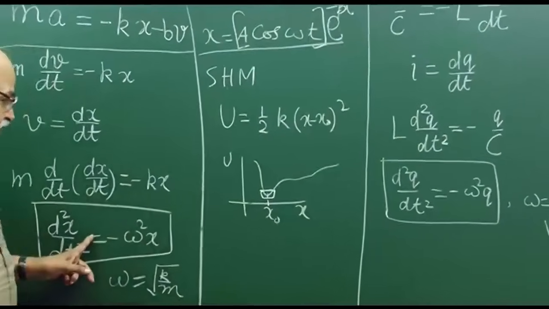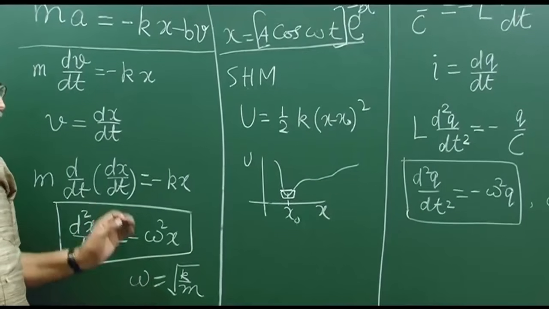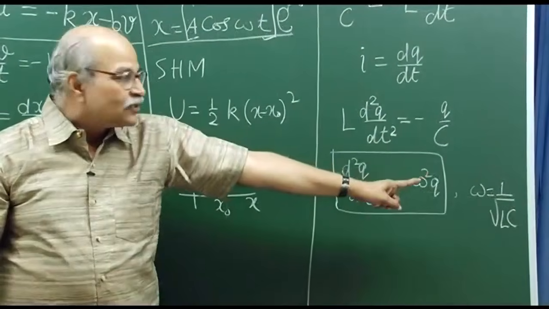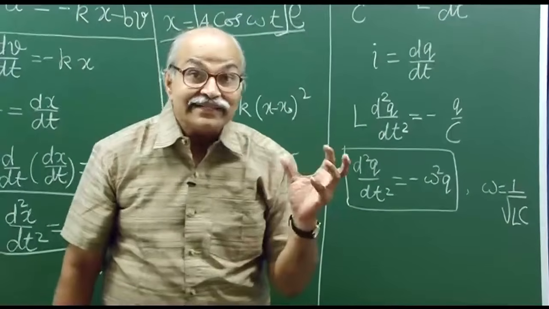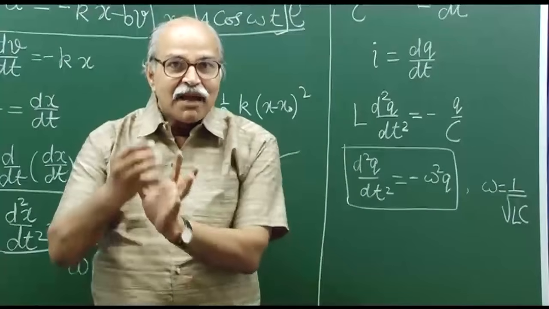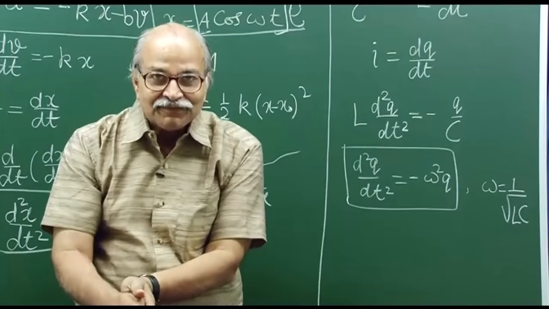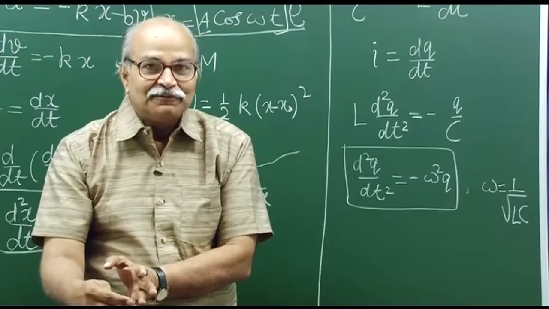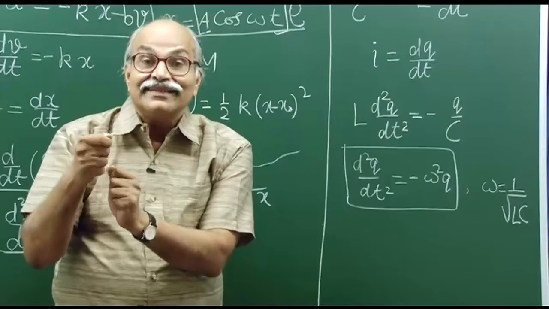Now look at this equation, and look at this equation. They have identical mathematical structure. So the charge will oscillate, not physically. The magnitude of charge on the capacitor plates, plus q on the positive plate and minus q on the negative plate, that q oscillates in time.